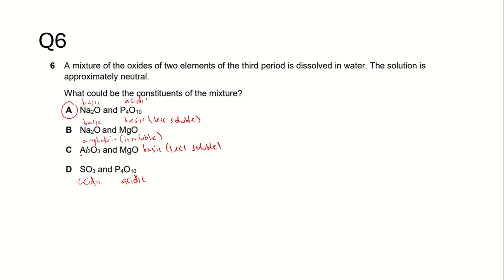C, amphoteric aluminium oxide itself is insoluble in water and doesn't contribute to the pH of the solution, and magnesium oxide is sparingly soluble and forms a slightly basic solution, so again the solution is not neutral. D, both are acidic oxides, so both dissolve in water and the mixture will become more acidic. So A is our answer here.